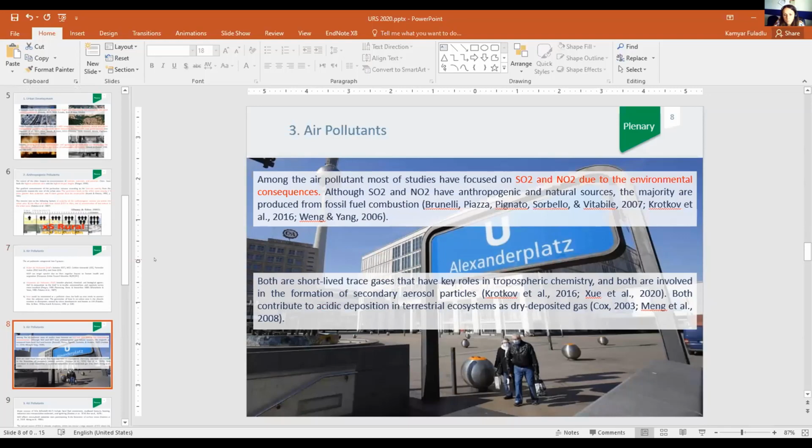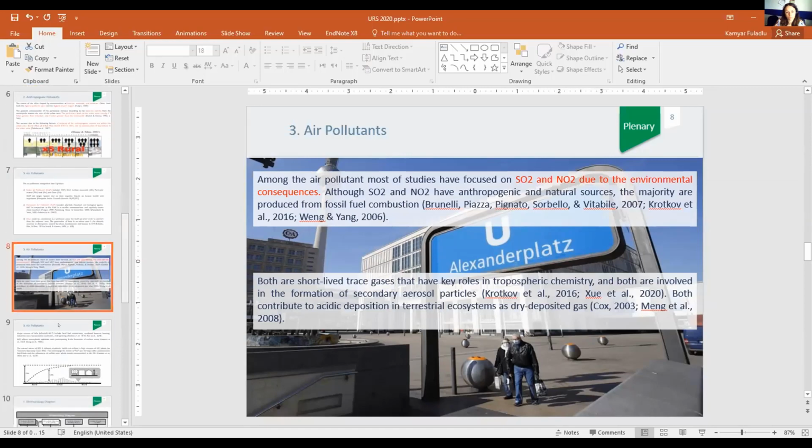Both are short-lived trace gases with a key role in tropospheric chemistry, both are involved in the formation of secondary aerosol particles, and both contribute to acidic deposition in terrestrial ecosystems.